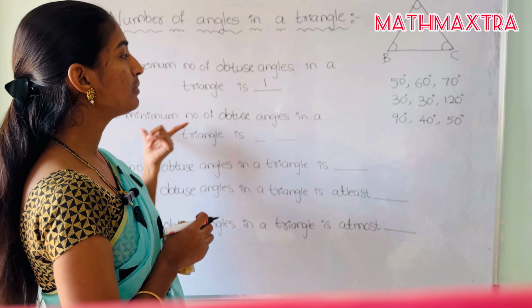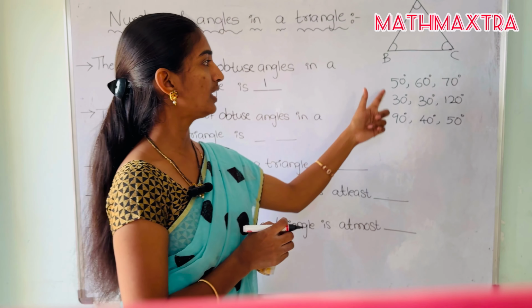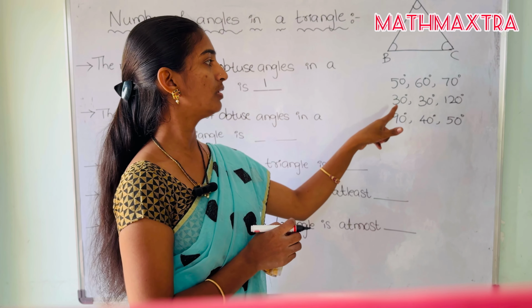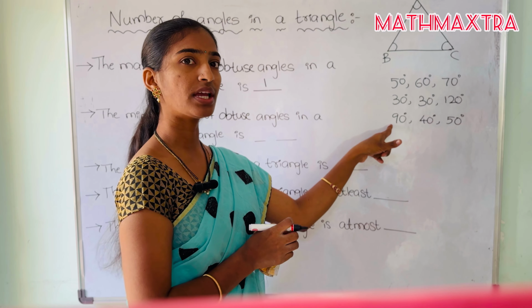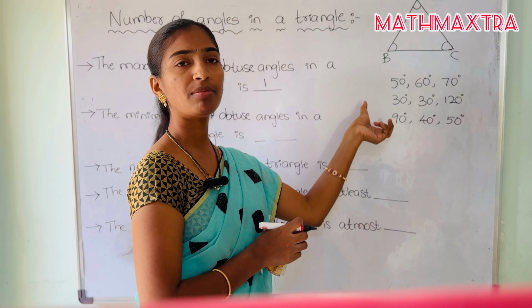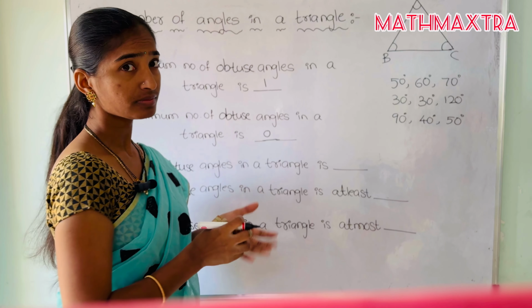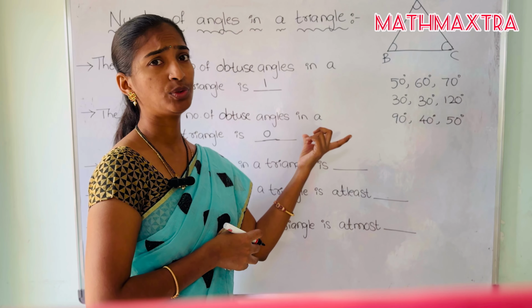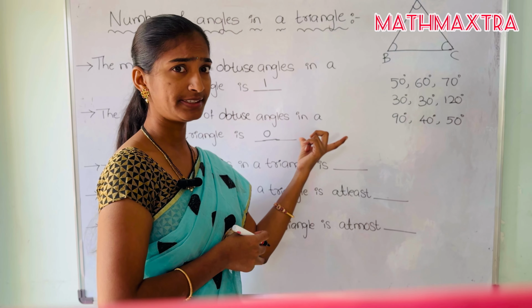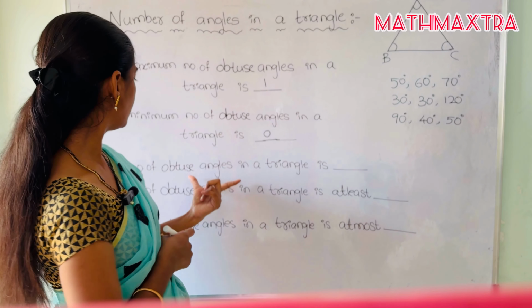Check the minimum number of obtuse angles. See, in this 0, in this also 0 obtuse angles. So the minimum number of obtuse angles is 0. Even if you have 0 obtuse angles, you can make it sum up to 180 degrees. Check the third point.